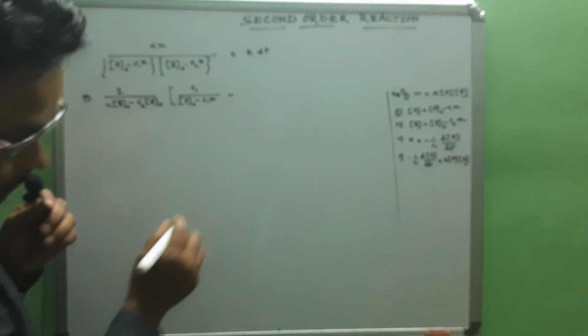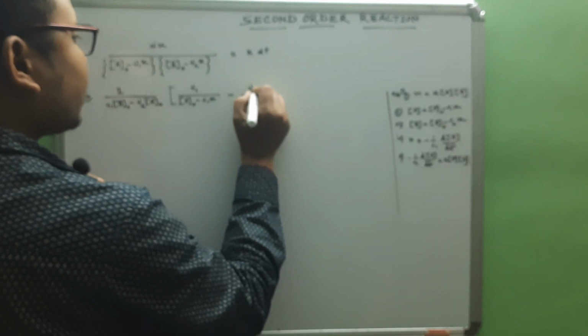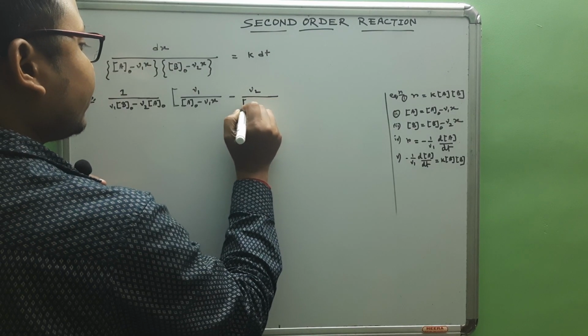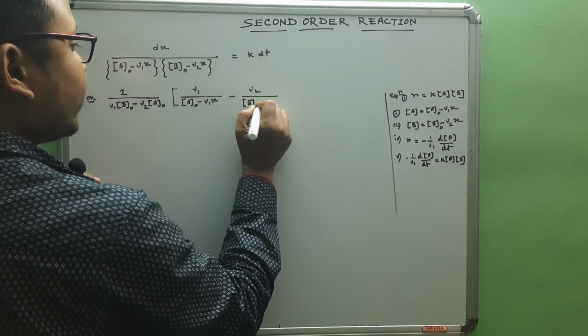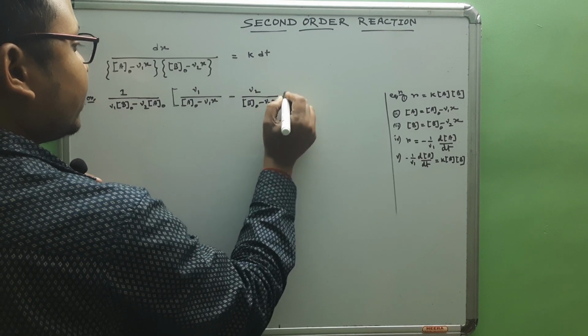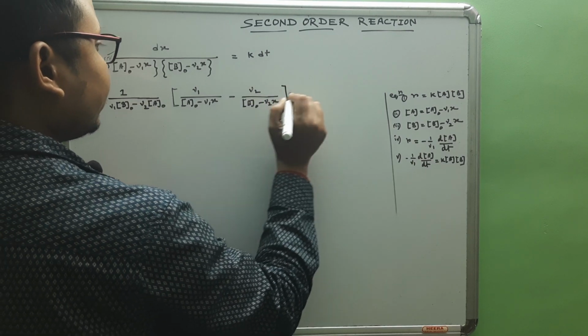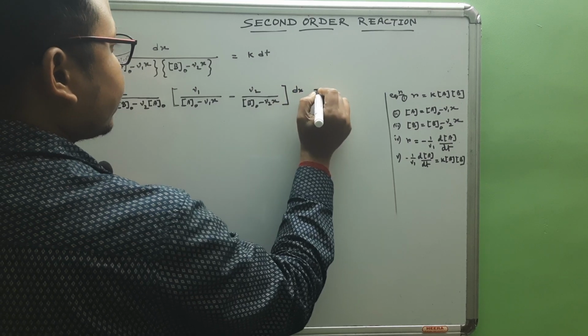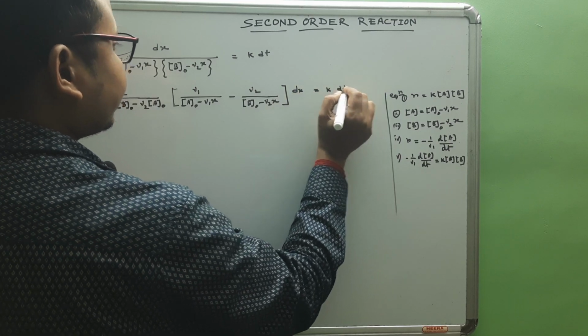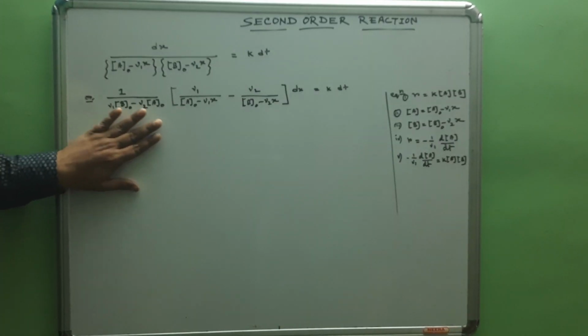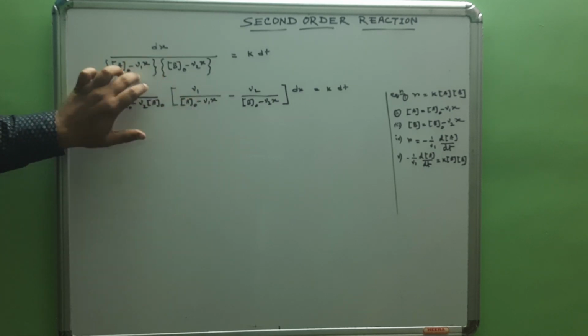The equation, we are doing nothing but the separation of variables: dx, k dt. If you carry out the calculations, you will get this.